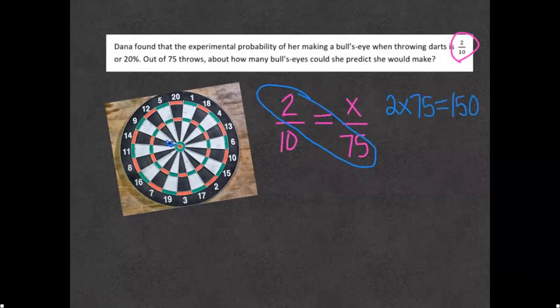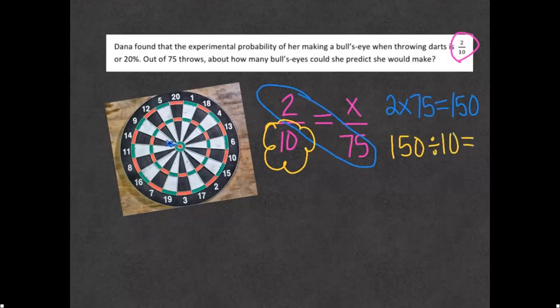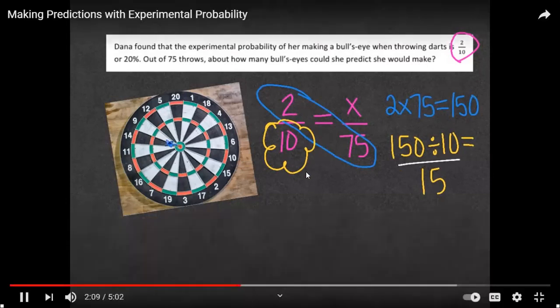Then I need to figure out what number I would multiply by 10 to get 150. If you know that, awesome. If not, then you would divide 150 by 10, and the answer would be how many shots she would make. That would be the amount of bullseyes she would make. She would make 15.